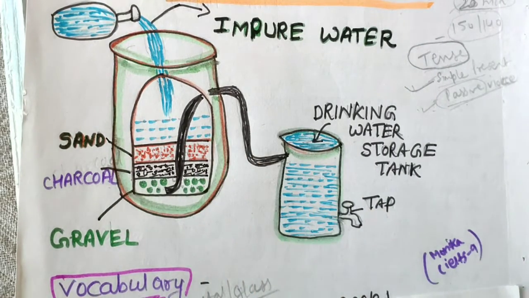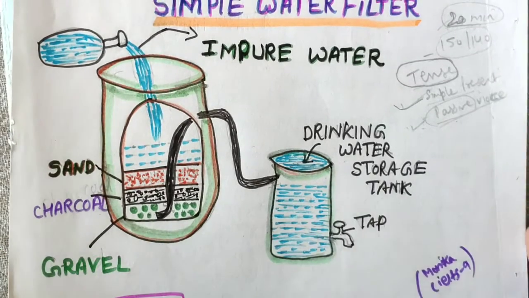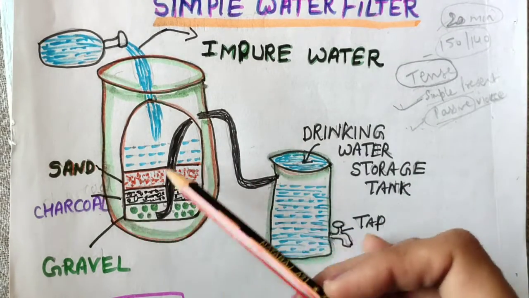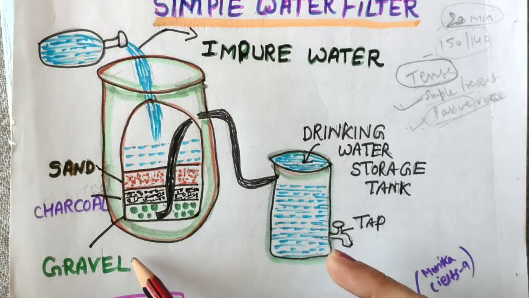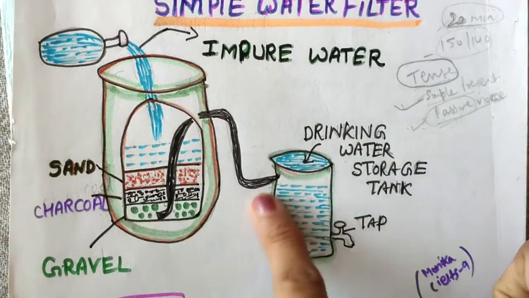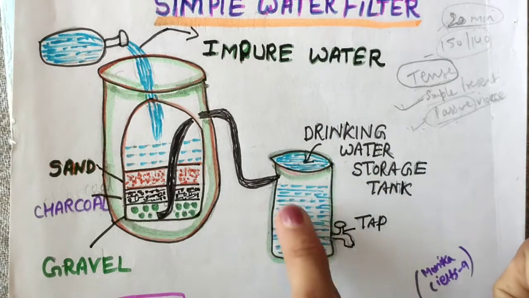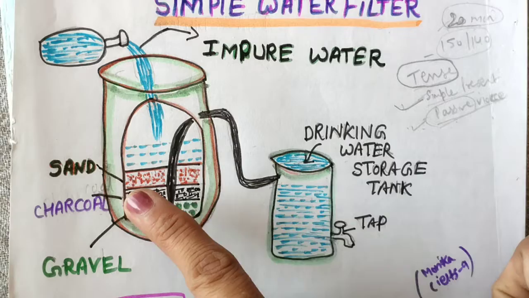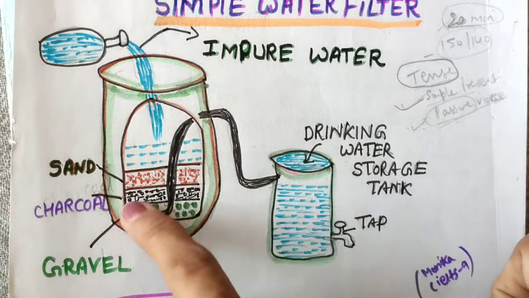Now, how to write the body detail paragraph, that's more important. As I told you, use every word whatever they have given in the diagram. First we will talk about this and then we will talk about this. Here there is nothing to compare, because it is a process, but make sure you don't miss any step.